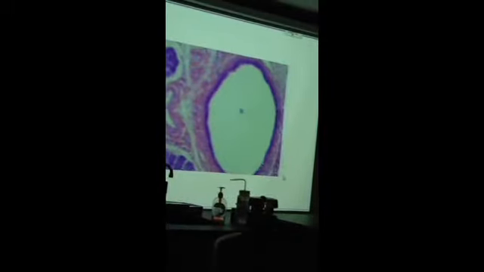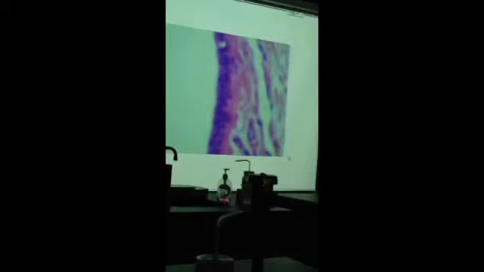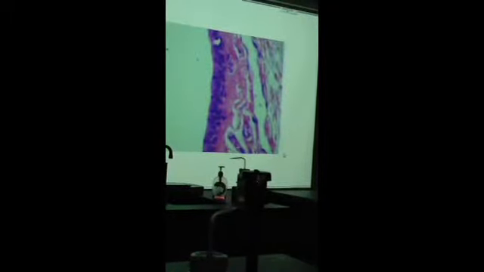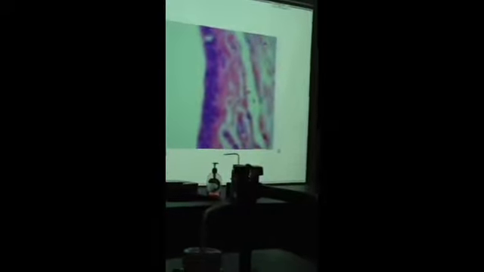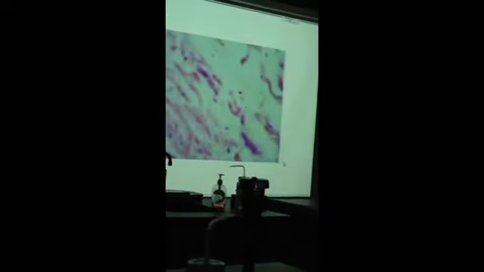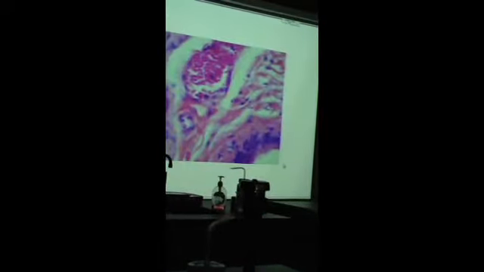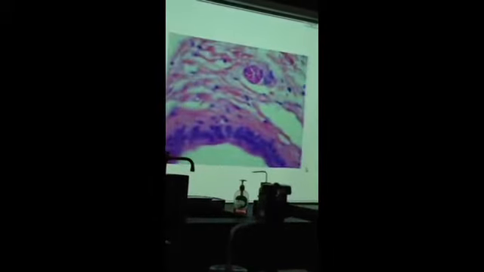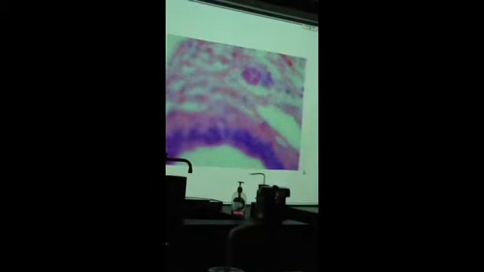Okay, right next to that blood vessel, we've got a duct right here. Look at this one in a little more detail. You can see the nuclei are not flat, like they were in that blood vessel. This one you can see is stratified. It's a larger duct, which is typical of larger salivary glands.